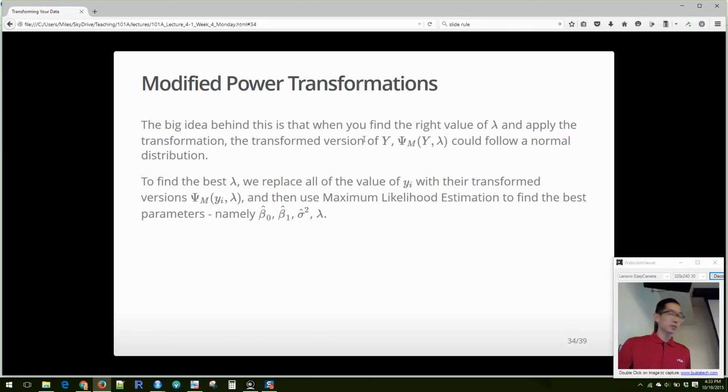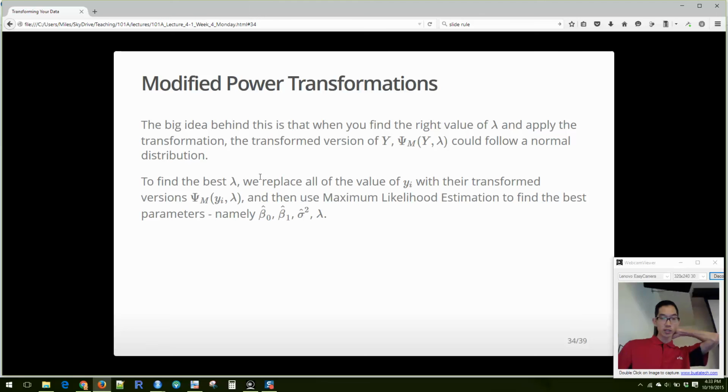Okay, and so again, the big idea is that when you find the right value of lambda and apply the transformation, then the transformed version of y comes from the normal distribution.